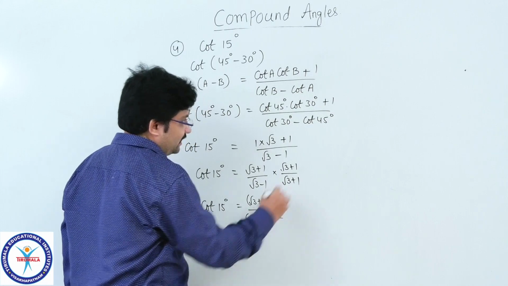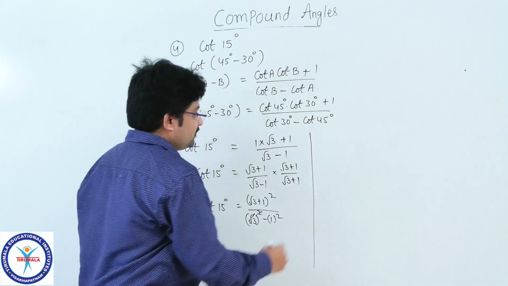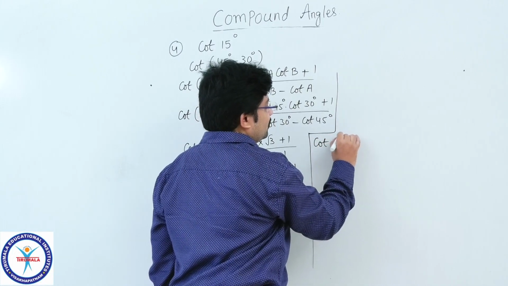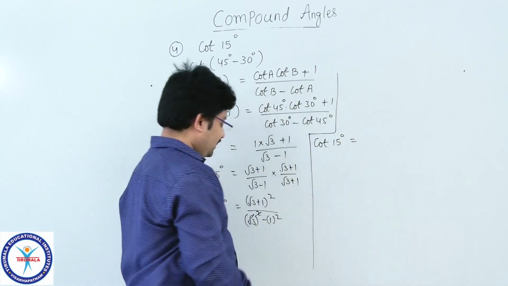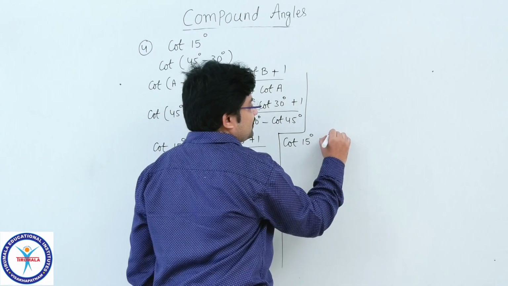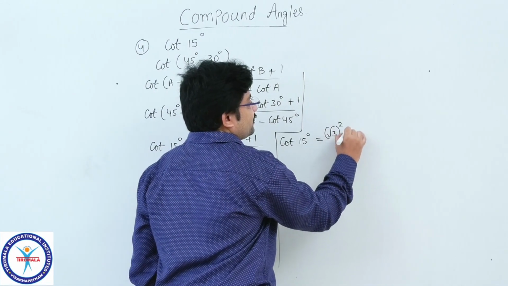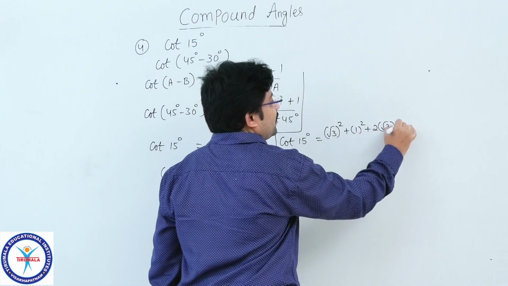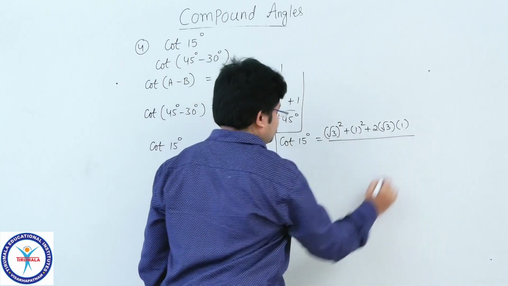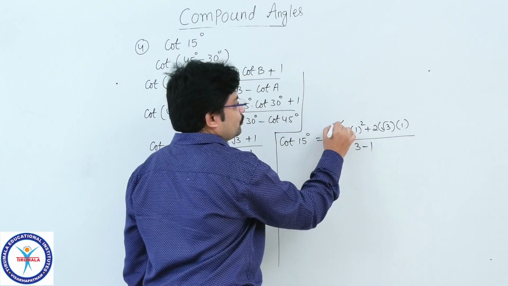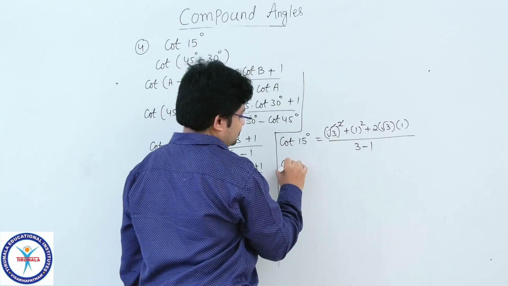Now square and root get cancelled. Therefore, cot 15 degrees is equal to, now expand in the form of (a plus b) whole square. (A plus b) whole square is a square plus b square plus 2ab, by 3 minus 1. In the numerator, square and root get cancelled.